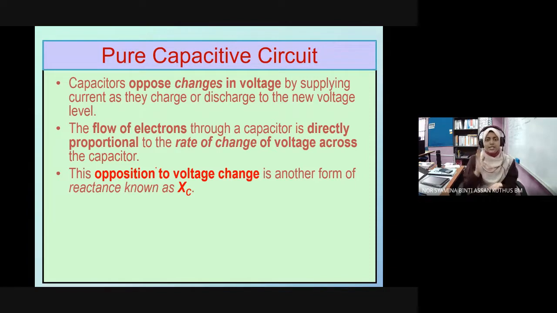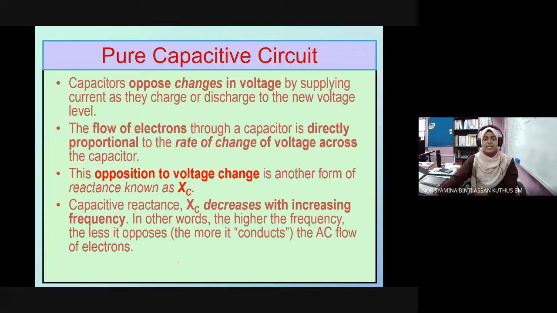Tetapi untuk capacitor, untuk capacitive circuit, flow of electron is affected by rate of change of voltage. So this opposition to voltage change is another form of reactance. Okay, so reactance dekat sini kita panggil dia capacitive reactance. XC dia akan decrease with increasing frequency.